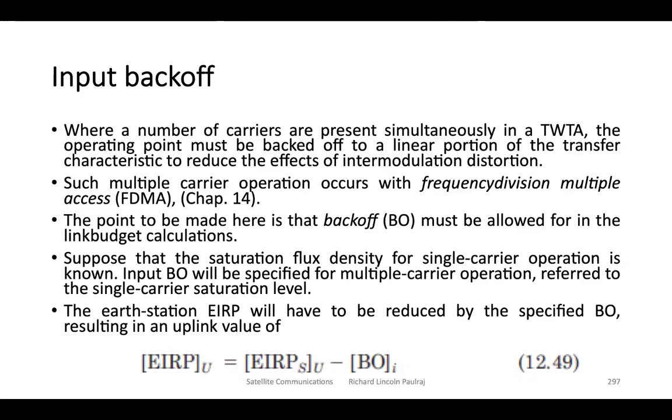So whenever we have multiple carriers, the operating point must be backed off to a linear portion of the transfer characteristic to reduce the effects of intermodulation distortion. So as I told you, we had this graph to show you.